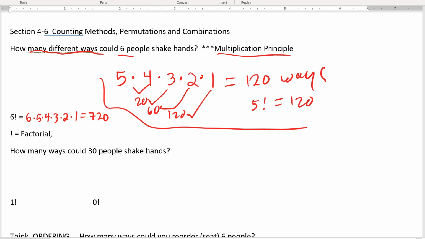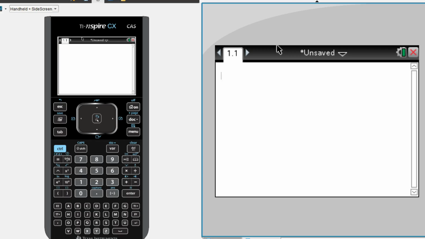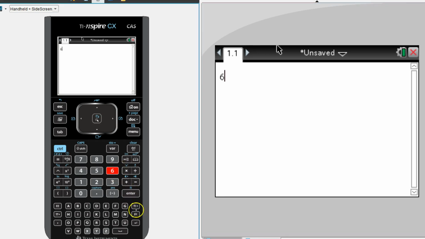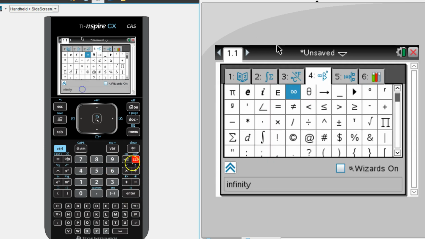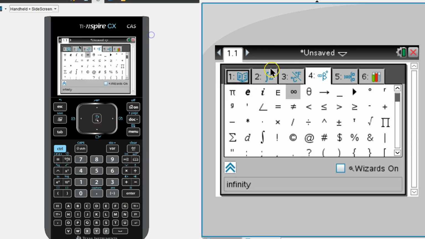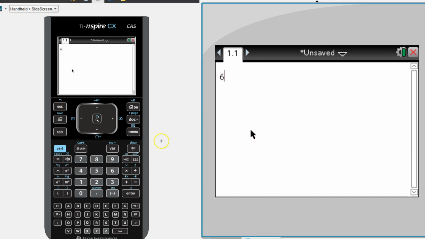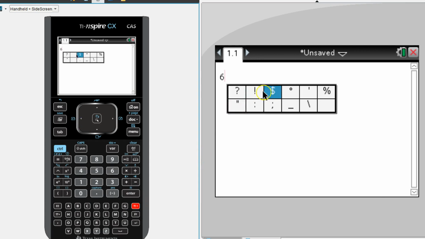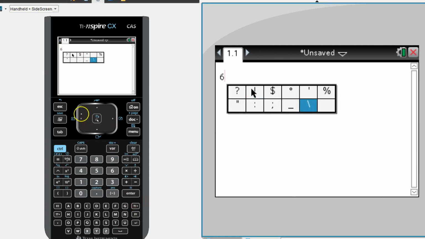Your calculator can do this. So you do need to understand what this means, but your calculator can do this. If I wanted 6 factorial, we would do 6, and then there's generally a button for symbols. If you can't find that, you can always go to the catalog and work your way around until you find the symbol for the exclamation mark. I have a button here for symbols, and the second one is an exclamation mark.